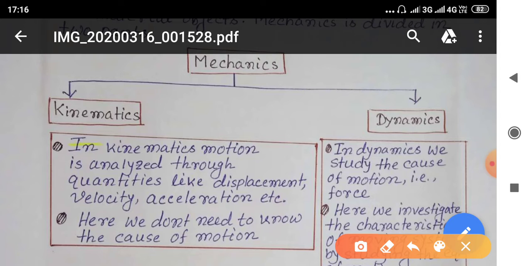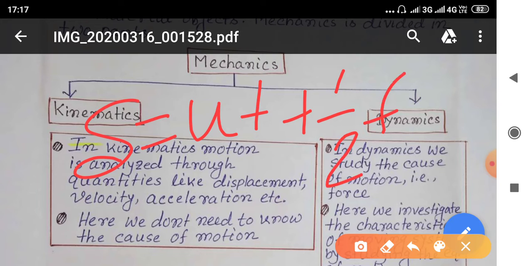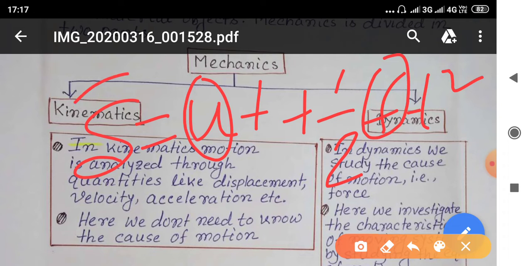If we take one equation, that is S equal to ut plus half ft square, and I think we are all familiar with this equation, where u is the initial velocity and f is the acceleration of that object. If you know this u and f, you will find the displacement of that object at any time t.